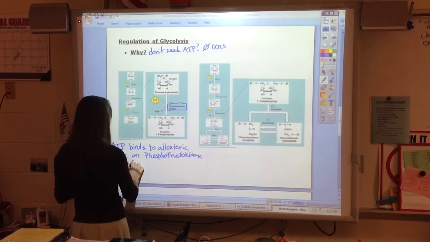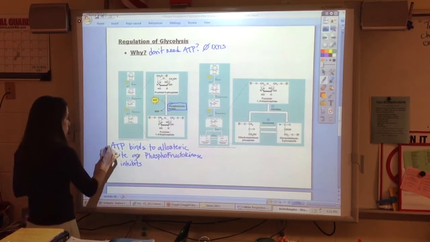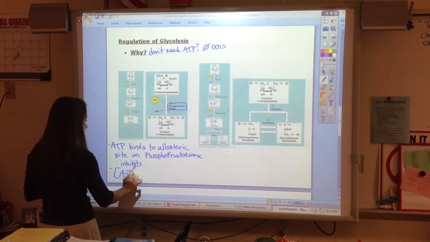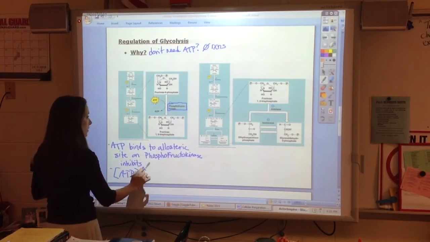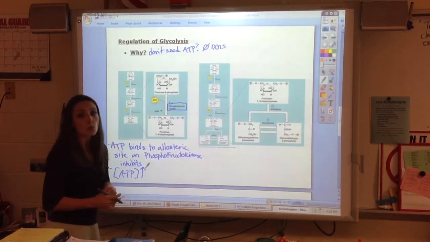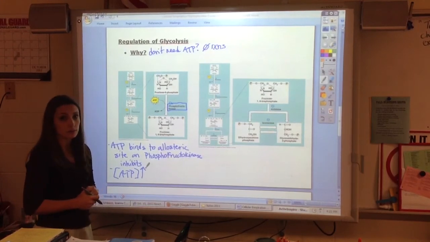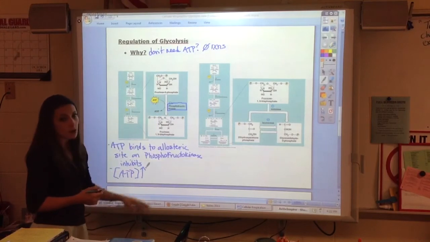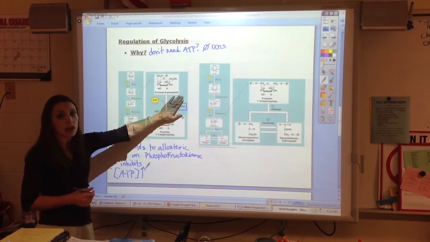And it inhibits that enzyme. So, if I have a high concentration of ATP, this reaction will not happen. So if my cell already has plenty of ATP, I don't need to keep going with all these steps. I'm just going to shut the reaction down.